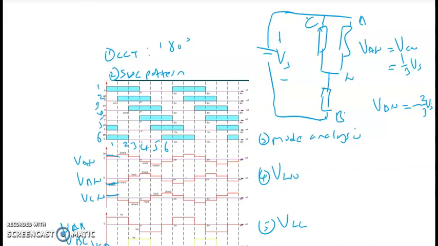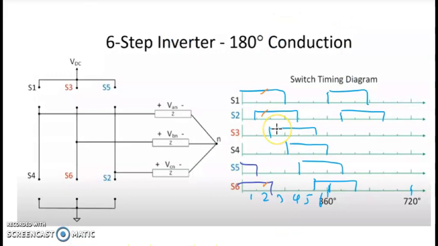So we chart it per mode scenario. We saw mode 1, and again we repeat for mode 2. For mode 2, we have switches S1, S2, and S5, S6, sorry.